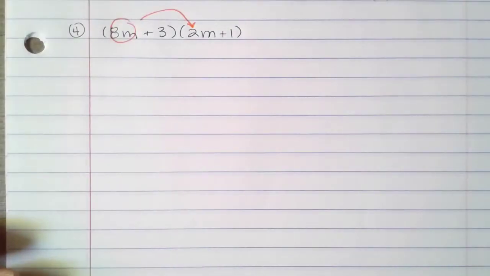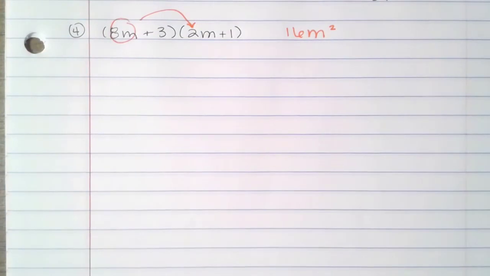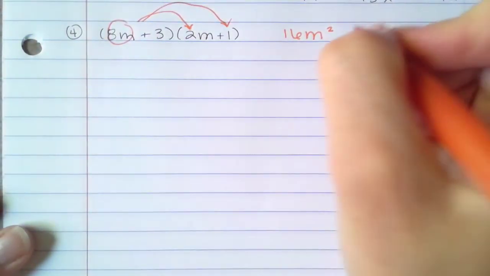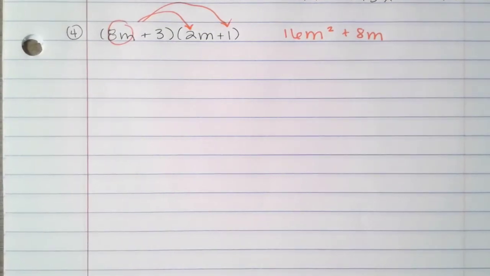Take that 8m, distribute it to the 2m, and you get 16m squared, because 8 times 2 is 16, and m times m is m squared. And then 8m multiplied by 1 is 8m. And then we're just going to do the exact same thing with the 3.